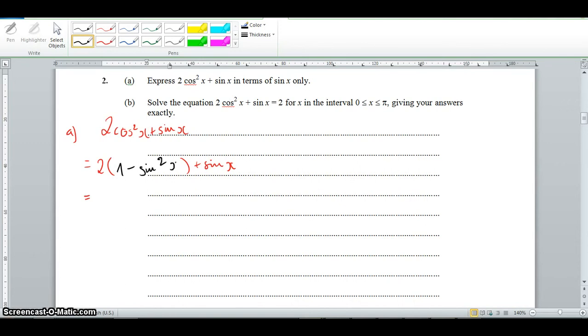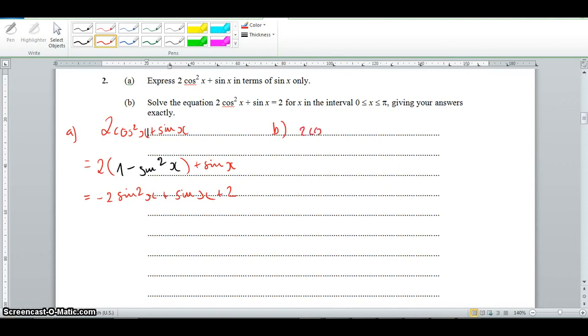So this becomes like this, and if I expand, I will now be getting negative 2 sine square x plus sine x plus 2. I've rearranged it a little bit, because now in question B this becomes a quadratic equation.